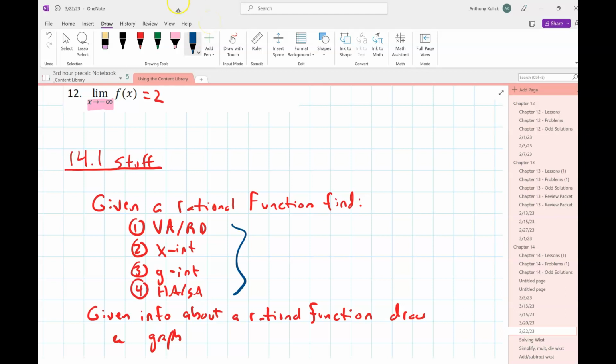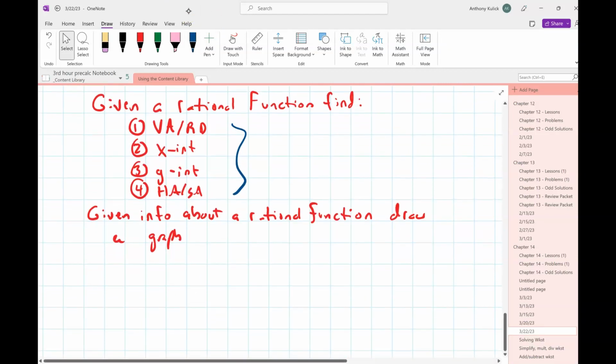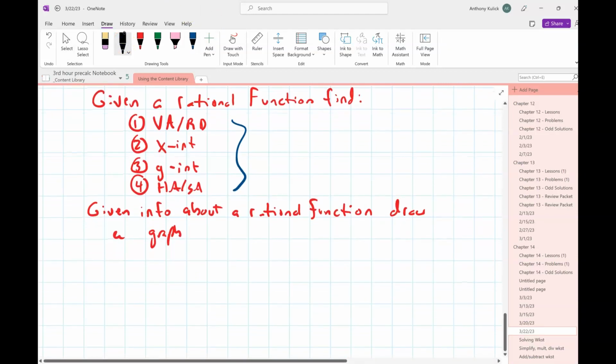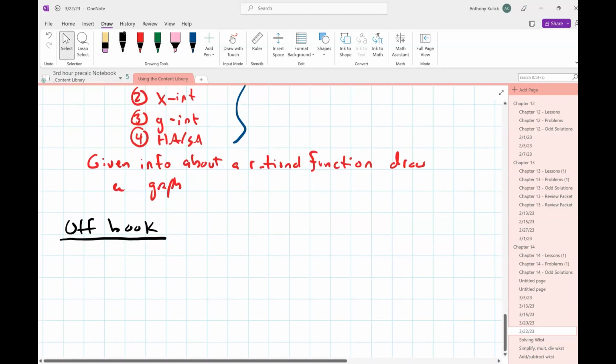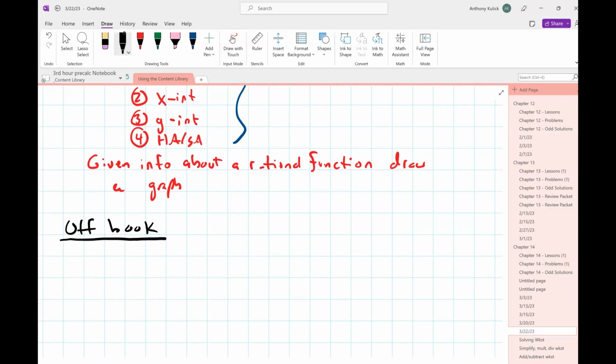What do we have? We have like 10 minutes before lunch or something, right? Yeah. Okay. I'm going to do a little off book here today. So I want to talk about multiplying and dividing and then adding and subtracting of rational functions.